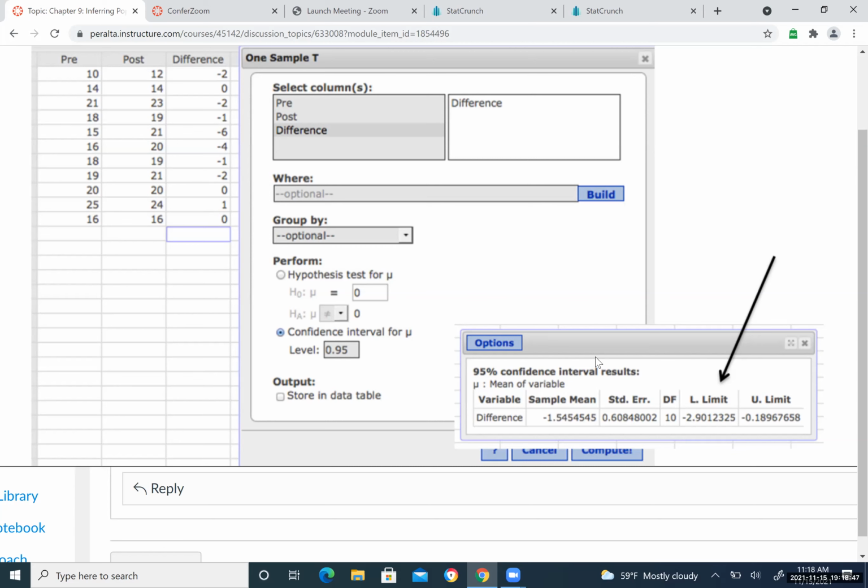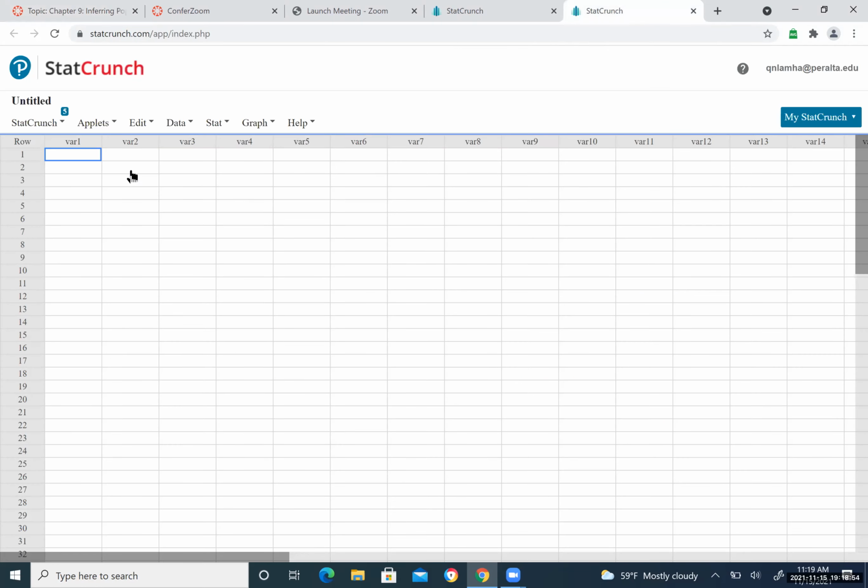So this one, we're talking about dependent events. So StatCrunch. I don't have to type in pre or post. I can type in the difference column only. It should be a bit quicker.